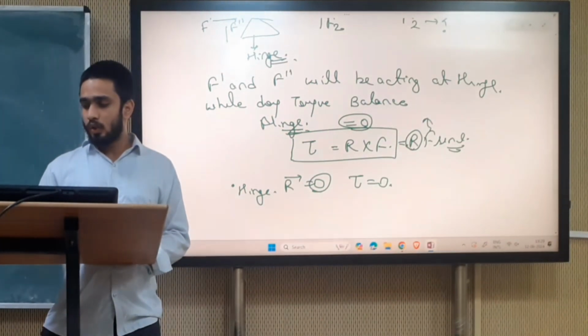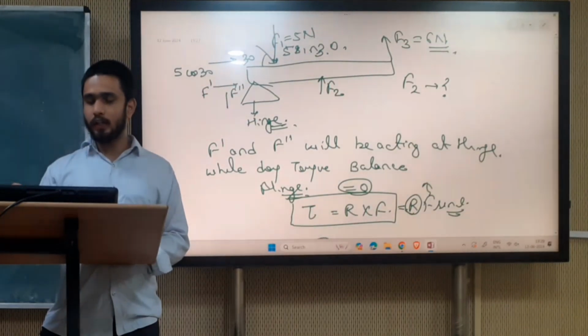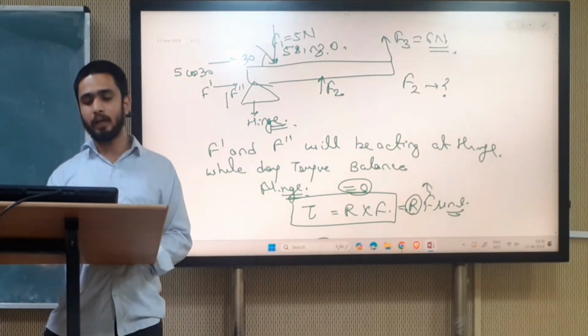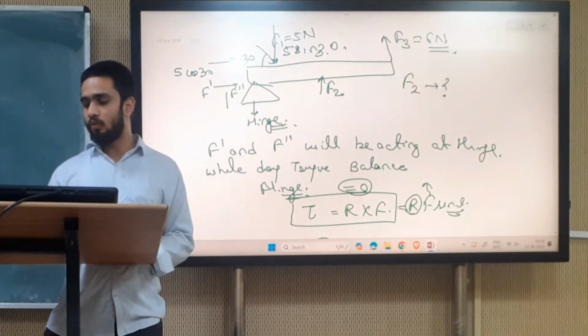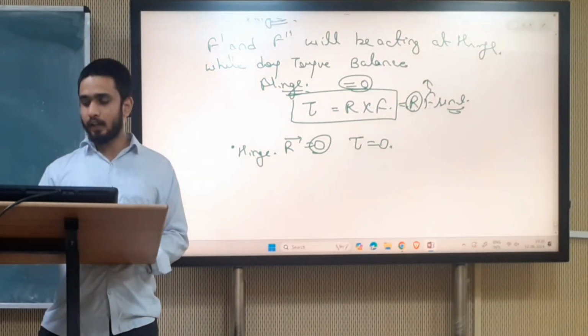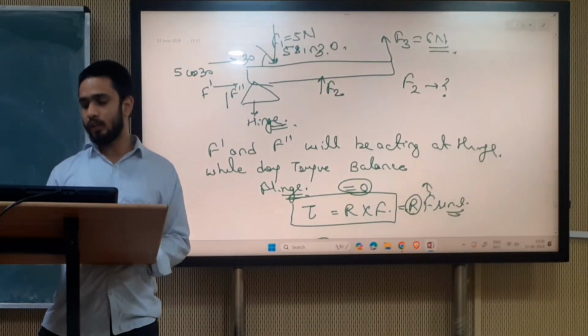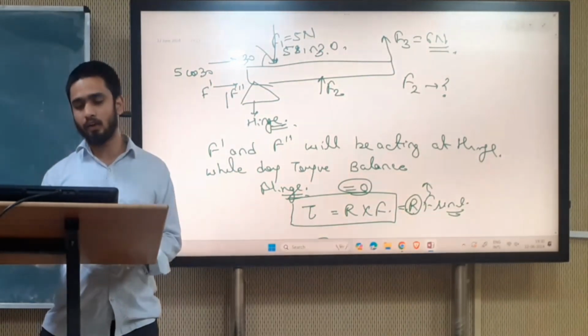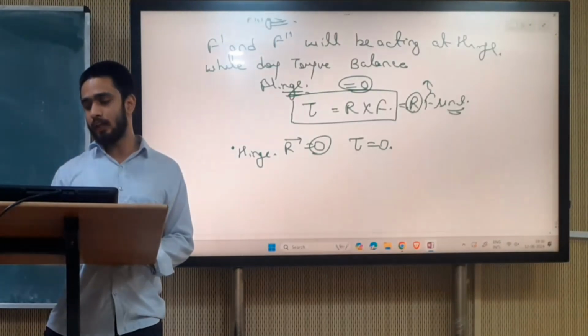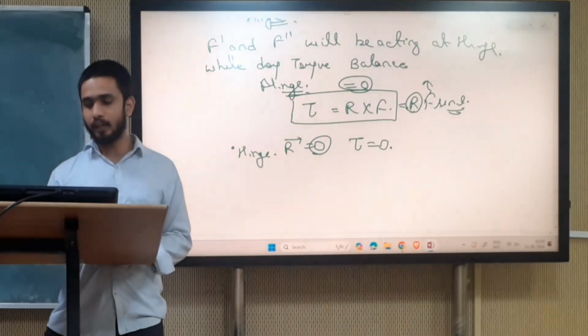So torque is given only by force components which are perpendicular to or at some angle with the R vector. If the angle is 0, no torque is given by that force.